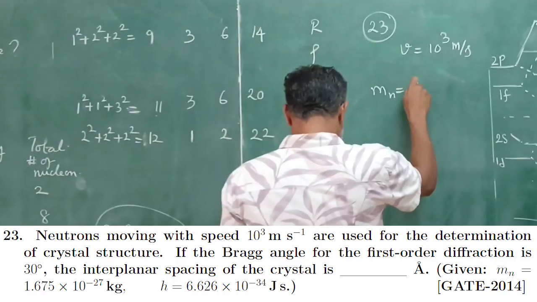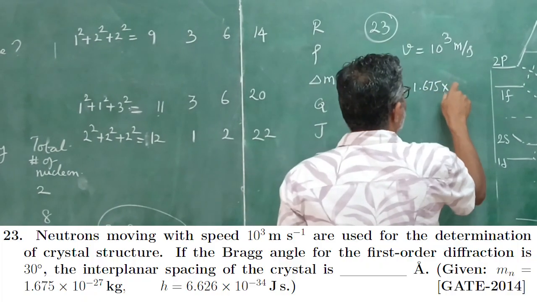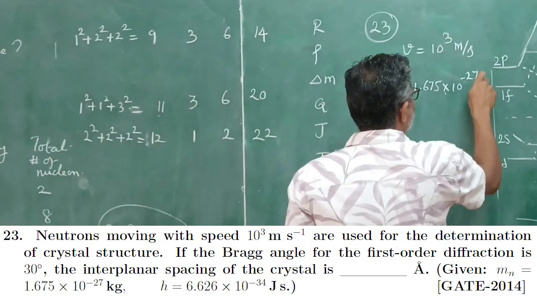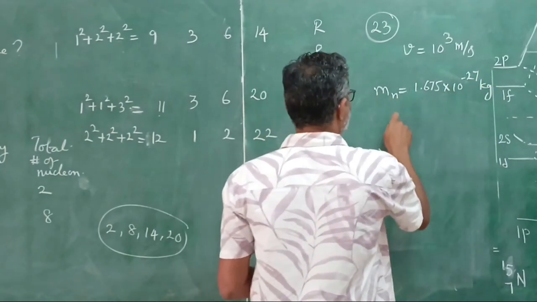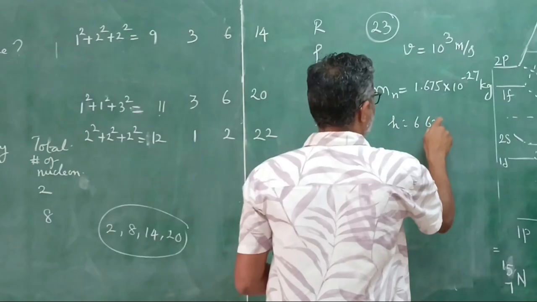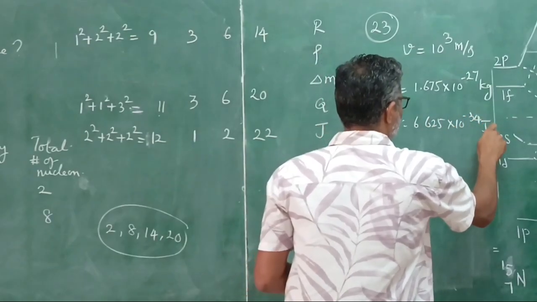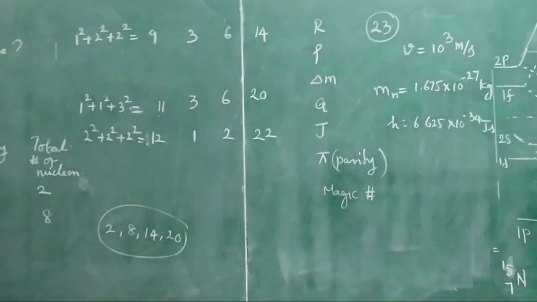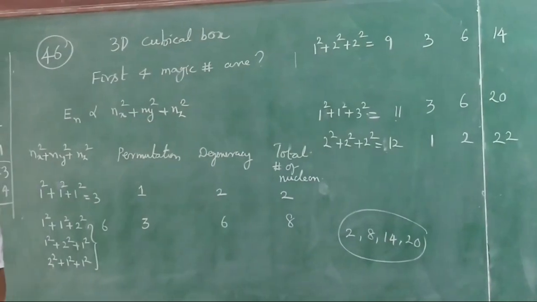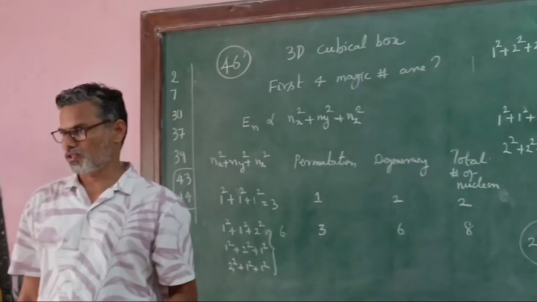Given information: mass of the neutron is 1.675 into 10 to the power of minus 27 kilogram, and h value is 6.625 into 10 to the power of minus 34 joules. It is asked to find the interplanar spacing of the crystal in terms of angstrom.